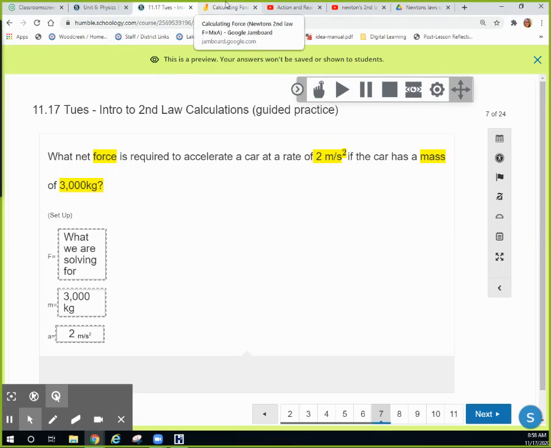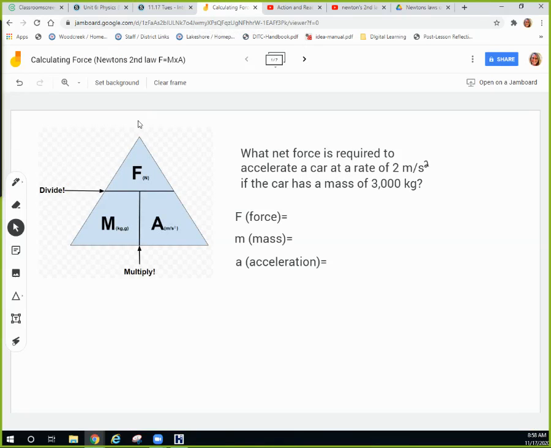So what I want to do with this problem is show you how to answer it with the triangle, okay? So again, we're looking for force, okay? But our mass was 3,000 kilograms. Okay, and our acceleration was 2 meters per second squared.